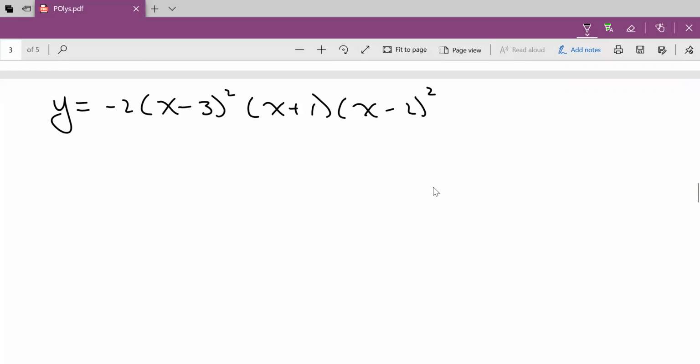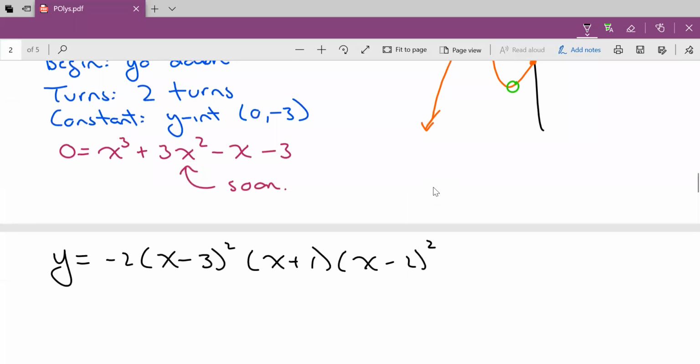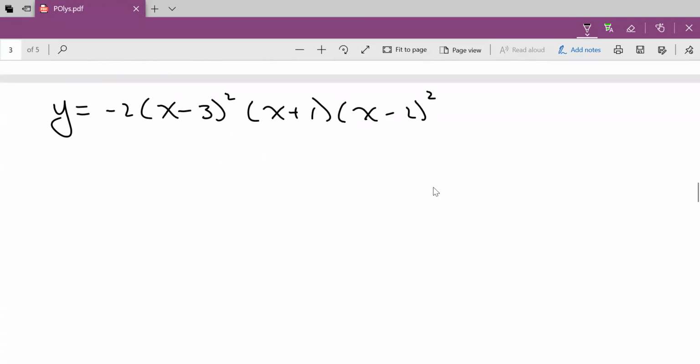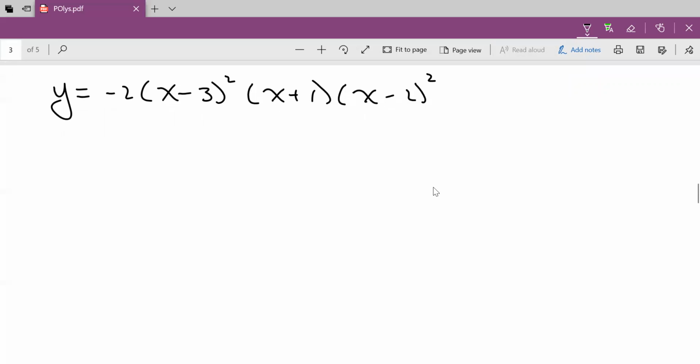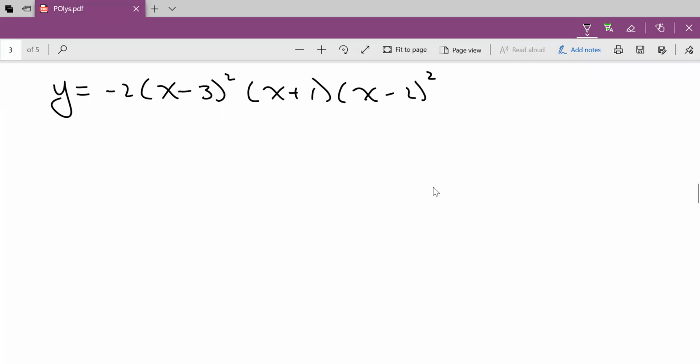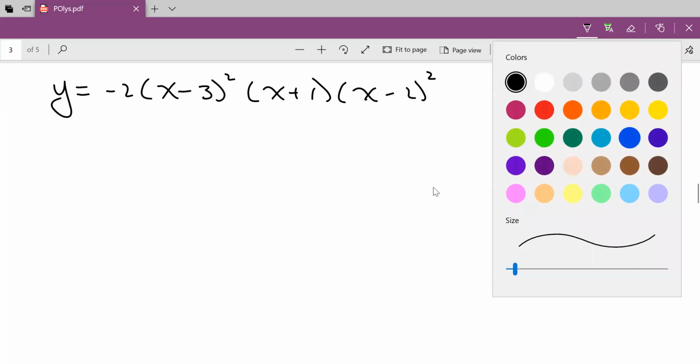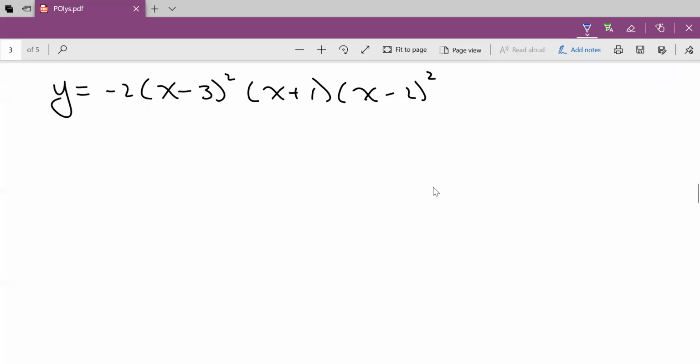So notice the difference between this function and the previous two that I've drawn for you. This is in factored form already. Back here, we couldn't factor this yet. But if something's factored already, it's beautiful. We already know the x-intercepts. So same question, we're going to graph this thing. Before we do, let's analyze it. Degree.